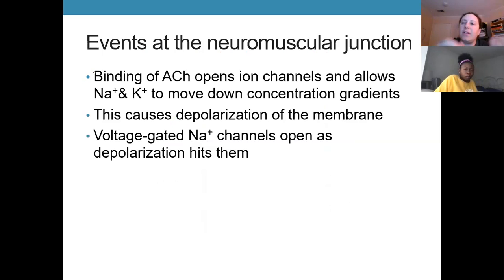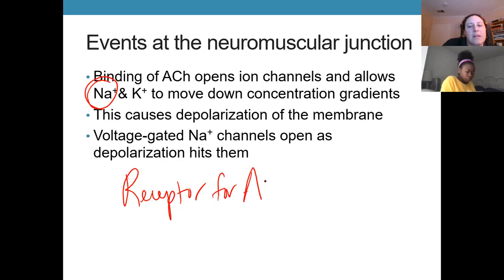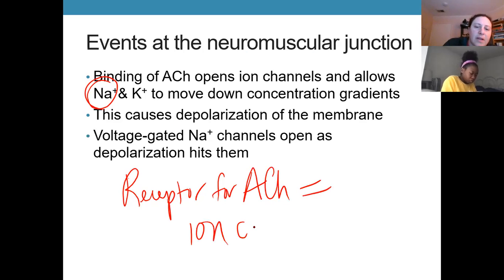And the result of the acetylcholine binding to the receptor is that we're going to get movement of ions, especially sodium. So that's because the receptor for acetylcholine is an ion channel, right?